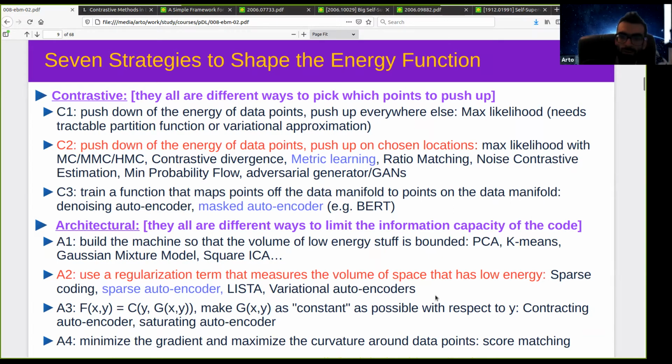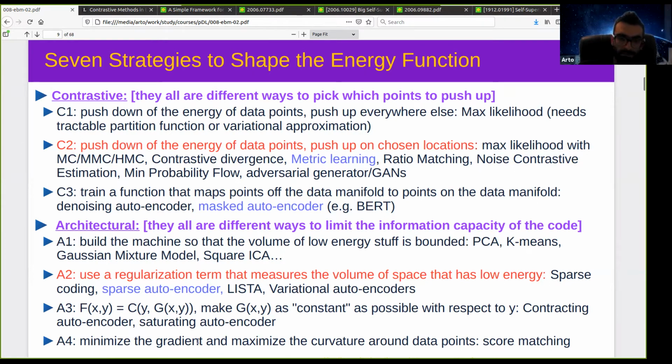Another way is to regularize the measure of space that has low volume, and here we consider regularization of the latent variable, and those would be variational autoencoders and sparse autoencoders. We will also look at the details of that today.